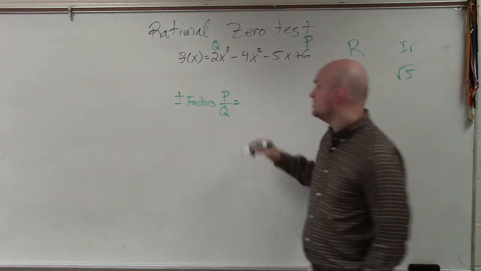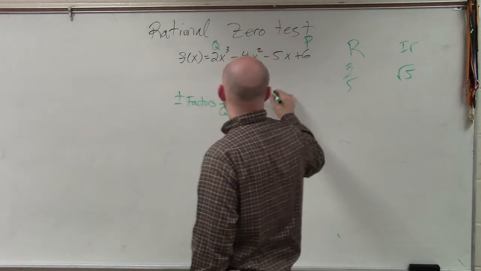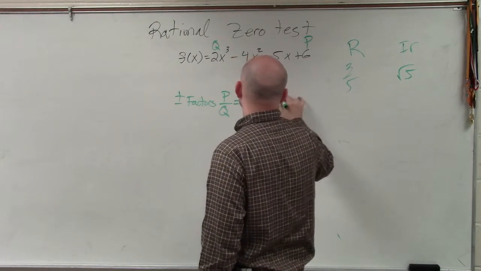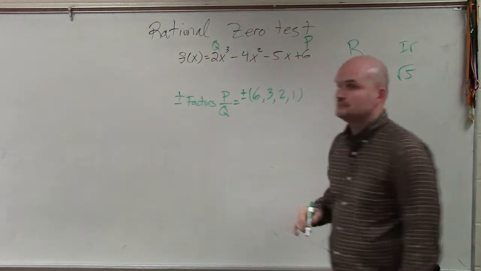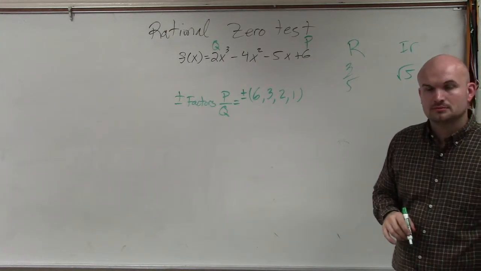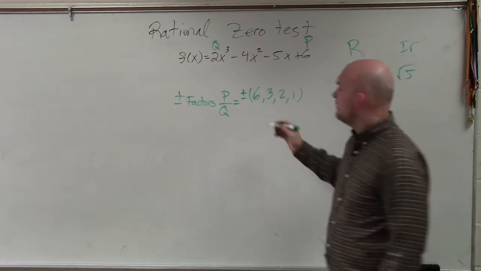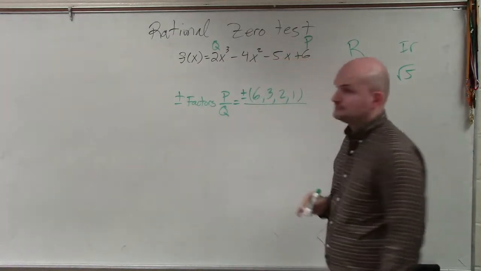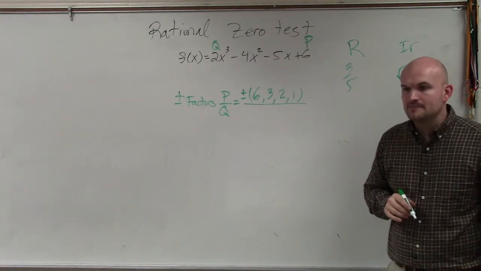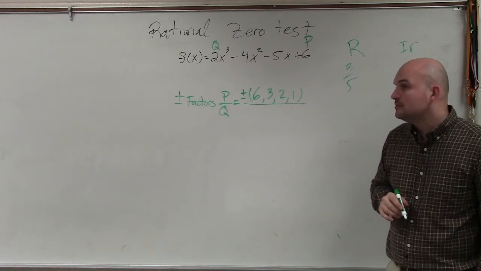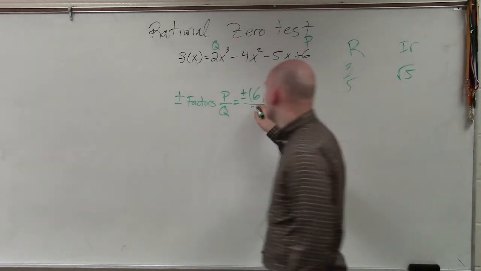The factors of 6 are 6, 3, 2, and 1. Agreed? Those are all the numbers that divide into 6 evenly. Then we go with the factors of Q. Okay? The factors of Q are just going to be 2 and 1.